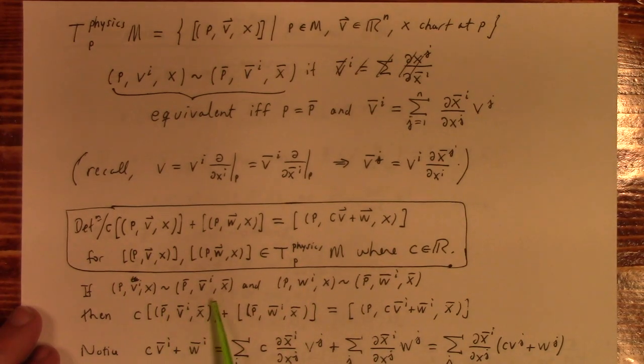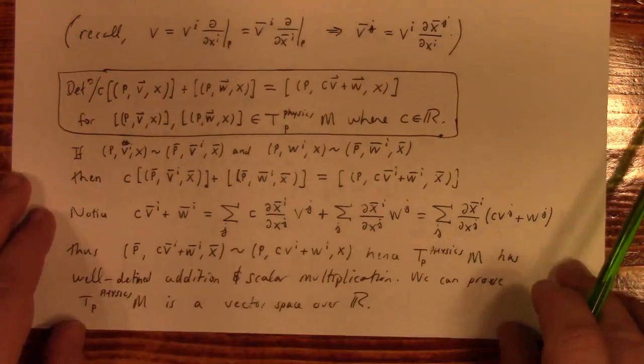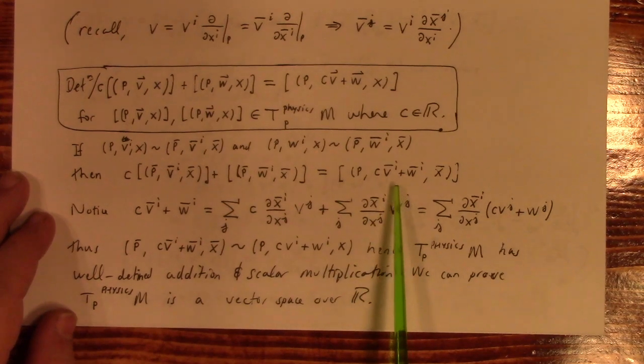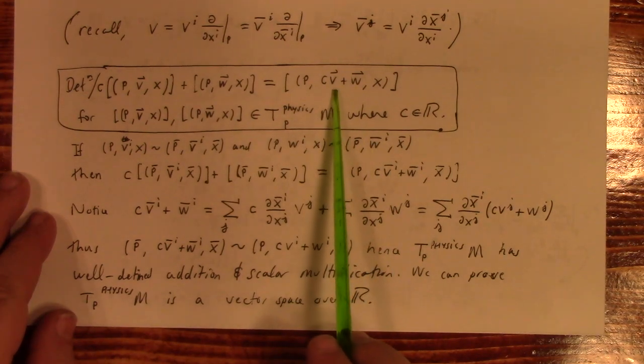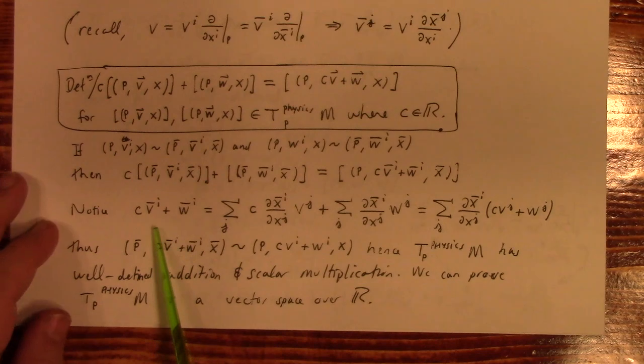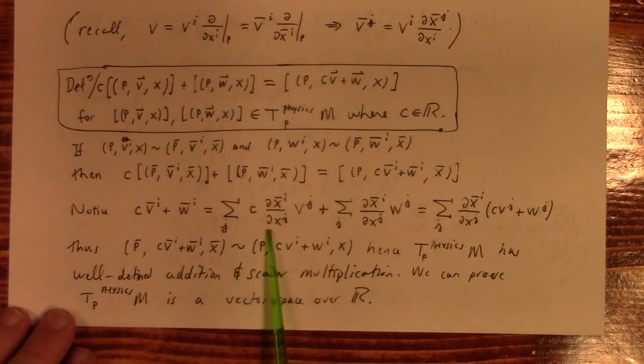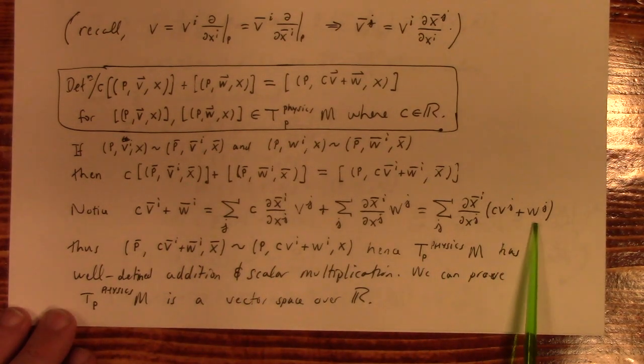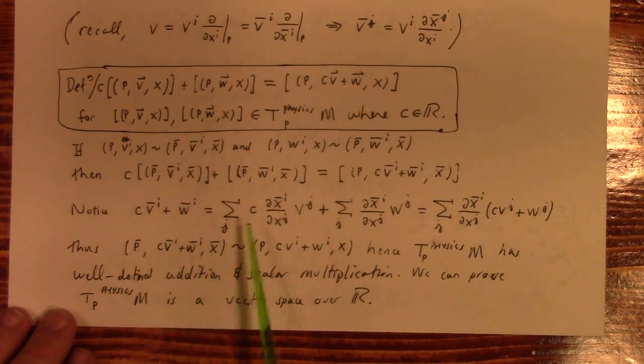If you were to pick a different representative and add in the different representatives, you get that, but then this is related to that in the natural way because this is equal to that by the coordinate change rule, and then you can factor it out, and you get this, which then shows that the triple with this coordinate representative is equivalent to the triple with that coordinate representative for the vector, because that's how they're supposed to change.